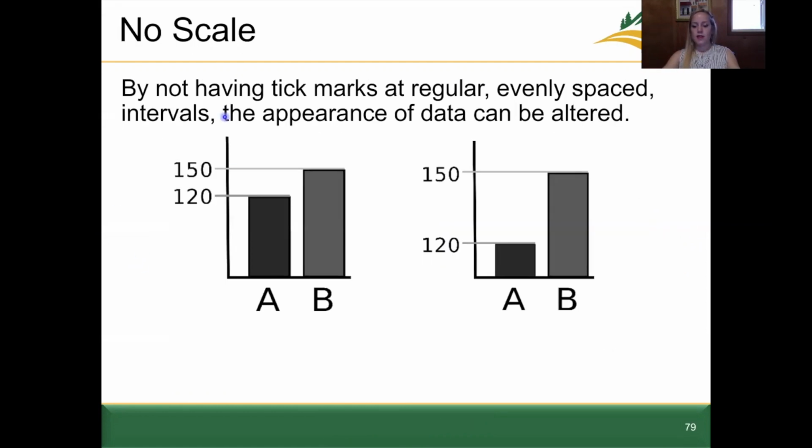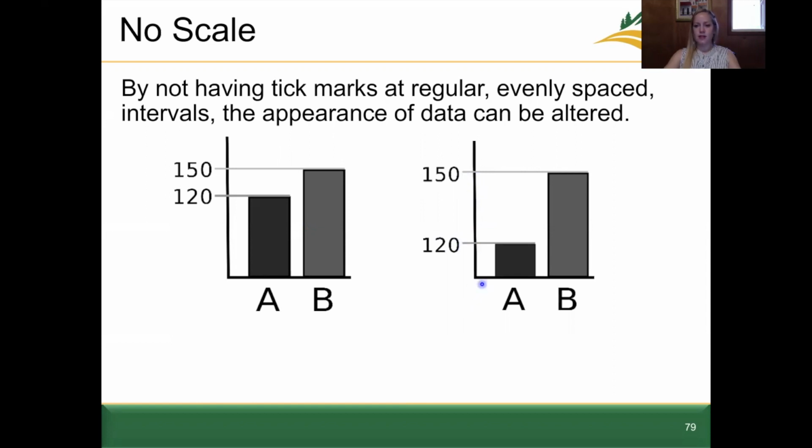Next, this is somewhat similar to what we've already talked about here, and we have the category of no scale. By not having tick marks at regular, evenly spaced intervals, the appearance of the data can be altered. And again, we sort of touched on this. So here on the right, 120 up to 150, that's a 30-unit difference between these tick marks.